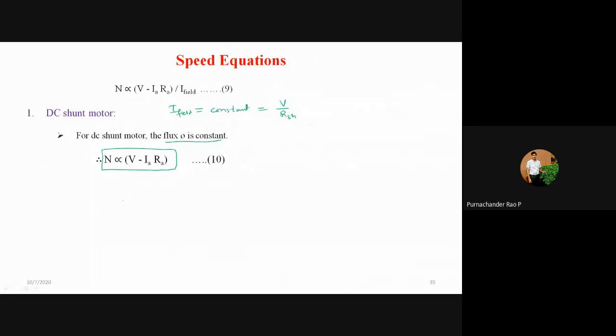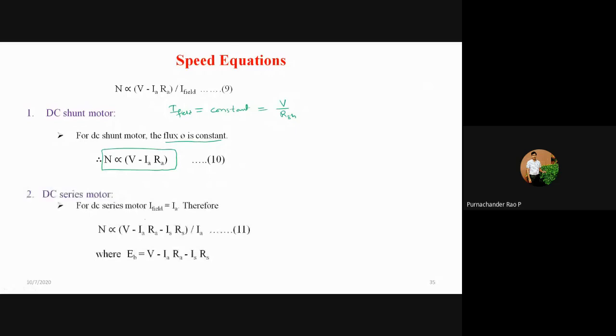Similarly, for the series motor, the field current is equal to Ia, and therefore N is proportional to V minus Ia Ra minus Isc into Rs, divided by Ia. This is the terminal voltage equation for the series motor.